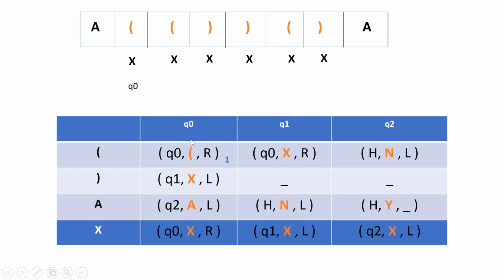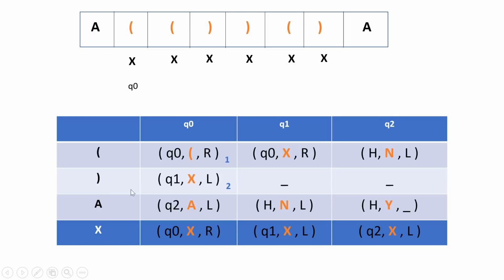So now we see a right parenthesis. So if we keep moving to the right, we see a right parenthesis. So when we see a right parenthesis in state Q naught, which is what's going to happen next, we write an X to process that right parenthesis and change the state to Q1, start moving left. So that is reflected in this entry here.